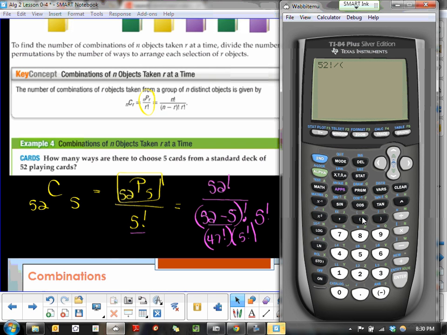So rather than typing 52 minus 5 factorial, I just did this subtraction mentally. So we got 47. Get your math key, get your probability, go down and get your factorial notation key, times, and then I want a 5 factorial. So 5, math, probability, factorial, enter, close my parenthesis.